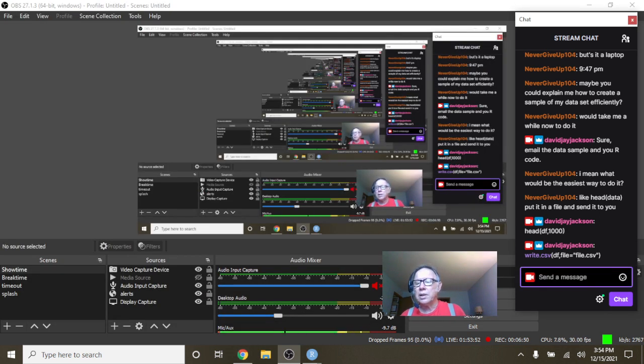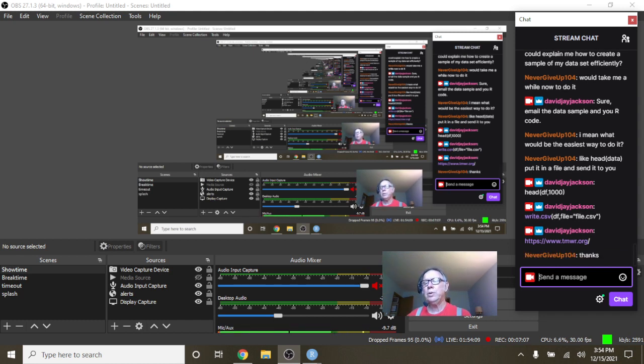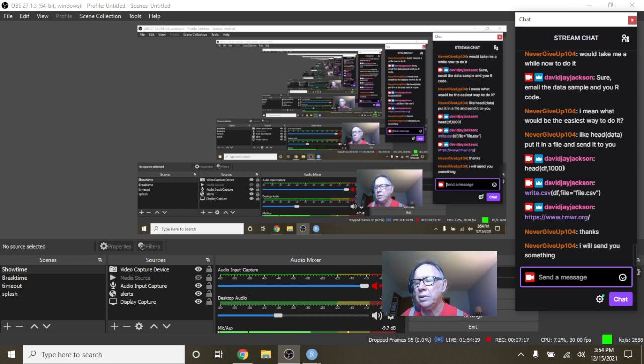And here's a link to the Tidy Models with R book. They have a couple of chapters devoted to the whole question of how to sample. So I'm sure you realize from your education that you wouldn't want to use the head command to create a sample to analyze. You want to do a random sample of your data set and split it in two.